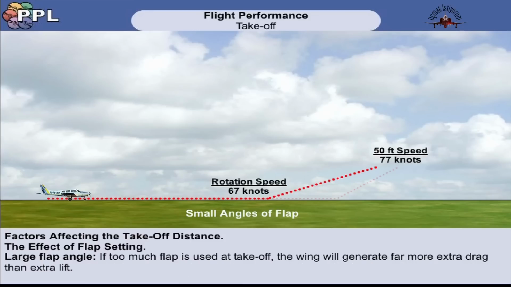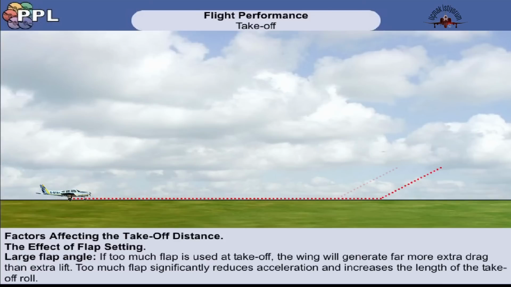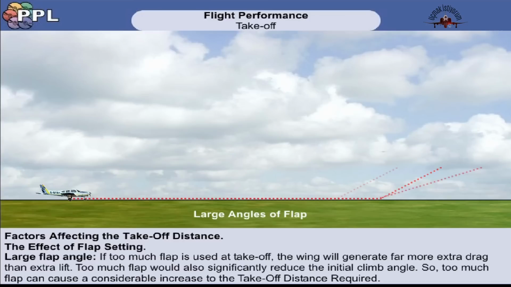If too much flap is used in the takeoff, then the wing will generate more drag than lift. The result of that would be that the acceleration is reduced and the takeoff distance increases compared to a no-flap takeoff. Too much flap would also significantly reduce the initial climb angle, exacerbating the effect.